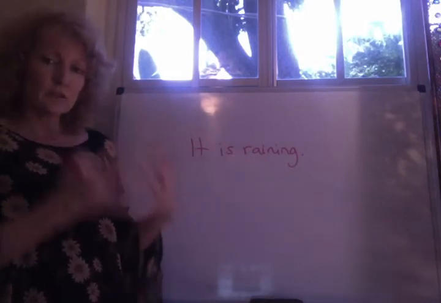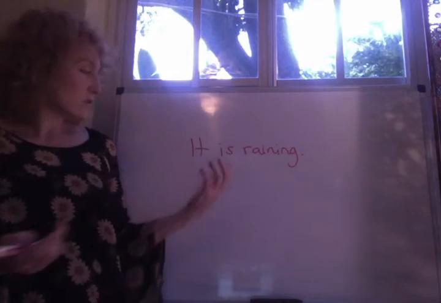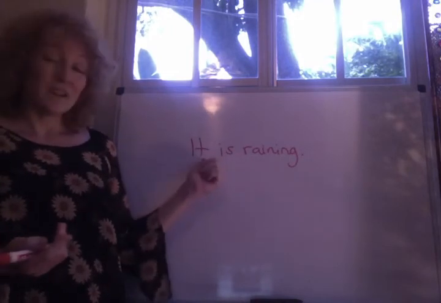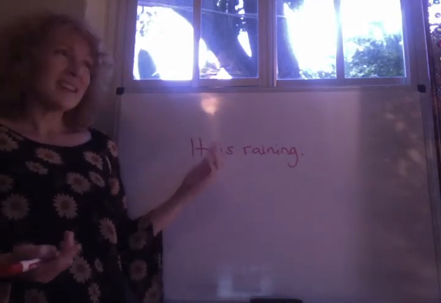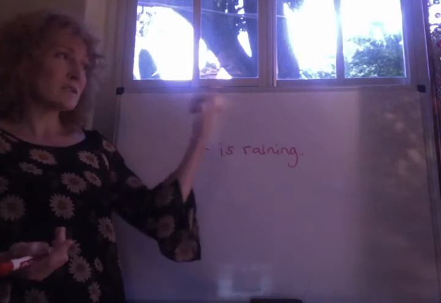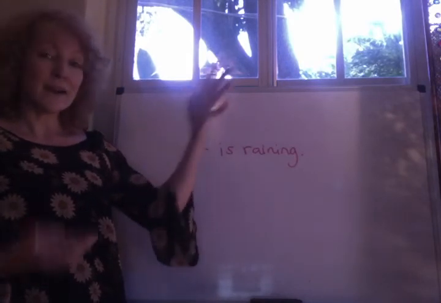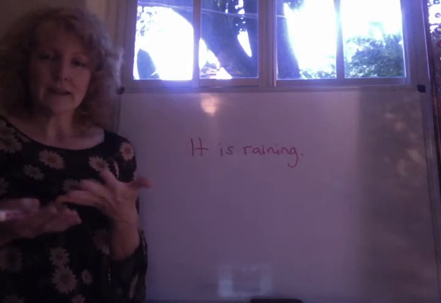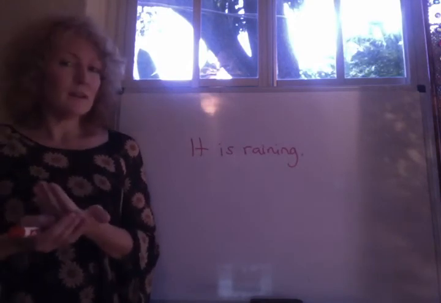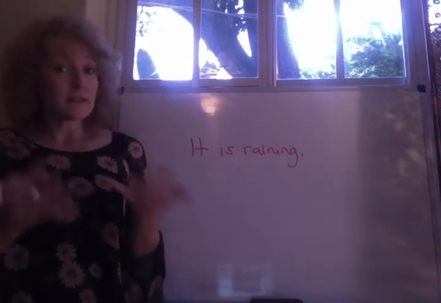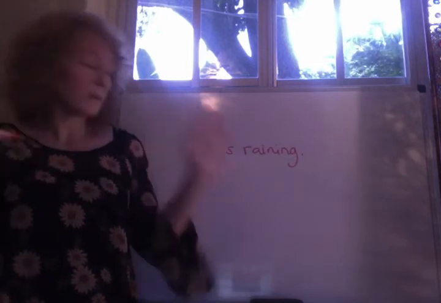So if you translate that into Spanish and you say it is raining and you make this an overt pronoun, then it sounds like you're pointing out some particular item that is doing the action of raining. That wouldn't be the natural way to express the sentence, it is raining.